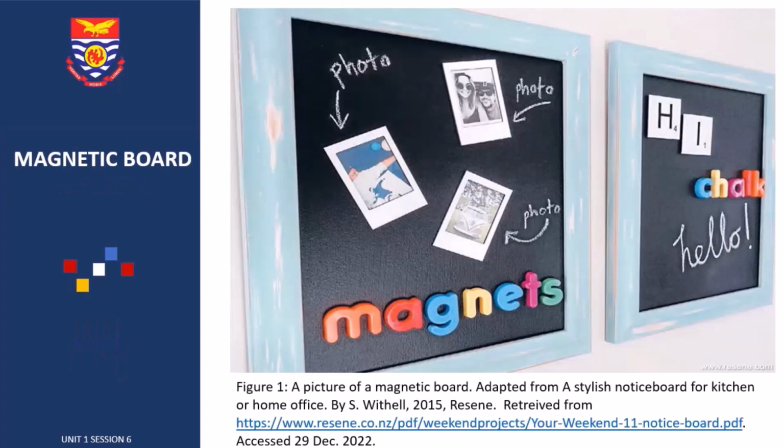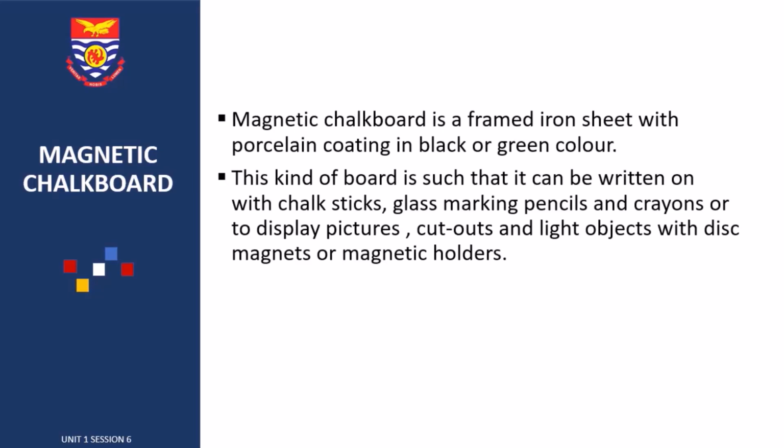Let's look at this image. Which kind of information can we get from looking at this image? What are the ways that this board is displaying information? Now, let's see. The image that we just saw is a magnetic chalkboard. It is a framed iron sheet with porcelain coating in black or green color.